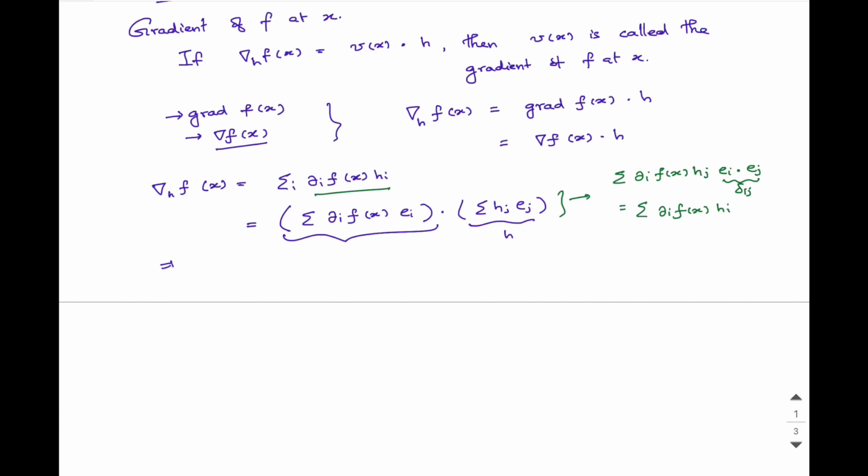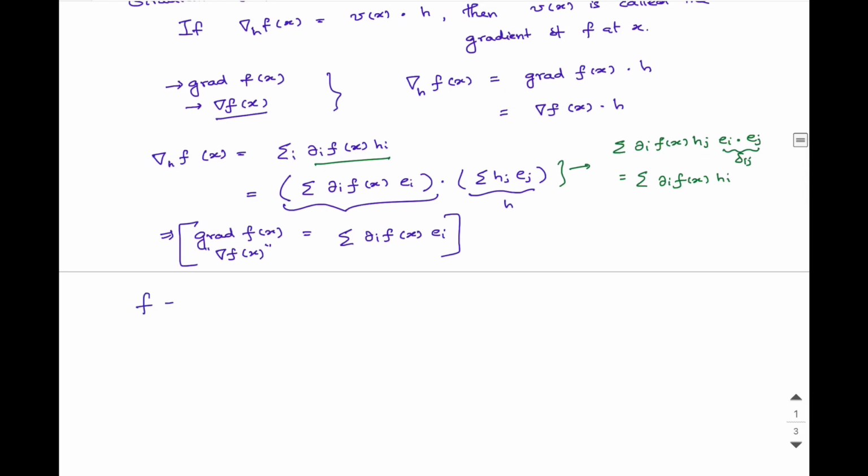So this immediately tells us that the gradient of f at x, or equivalently grad f at x, equals the summation of partial_i f of x e_i. That's the equation. Notice that if I take f as a scalar field, then the gradient of f at any point x is actually a vector field.